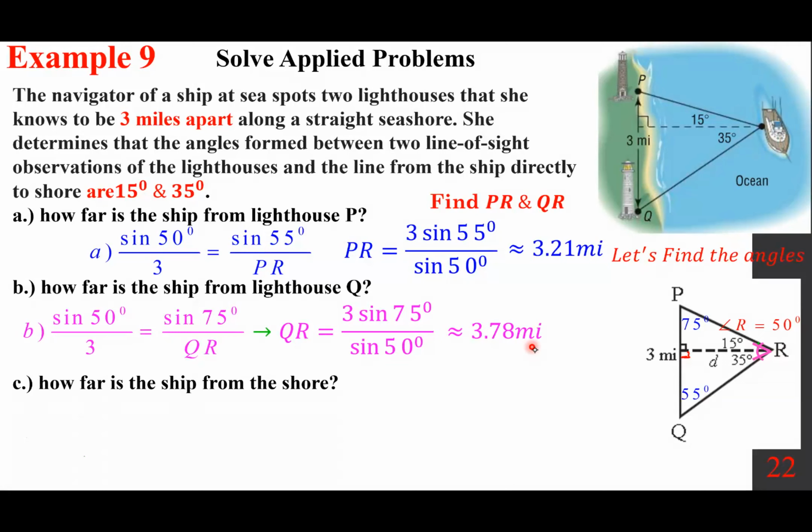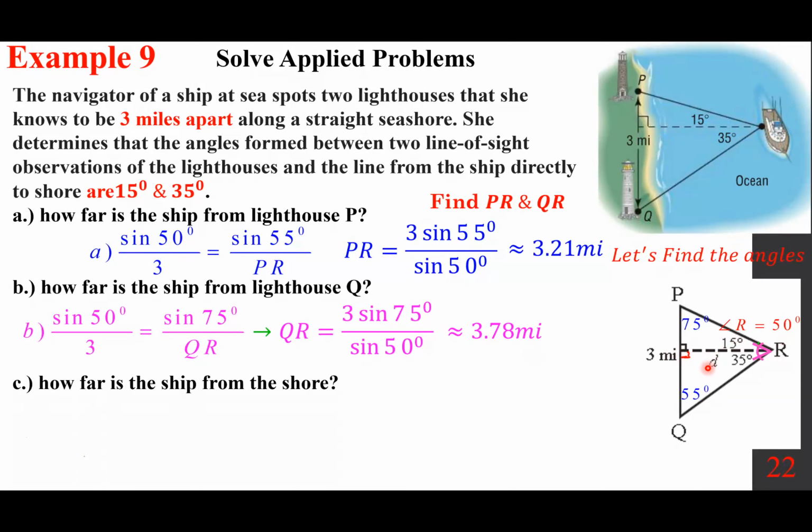How far is the ship from the shore? We want this distance. Okay, everybody. This distance, which is called D. Normally we call it H, but it doesn't matter.